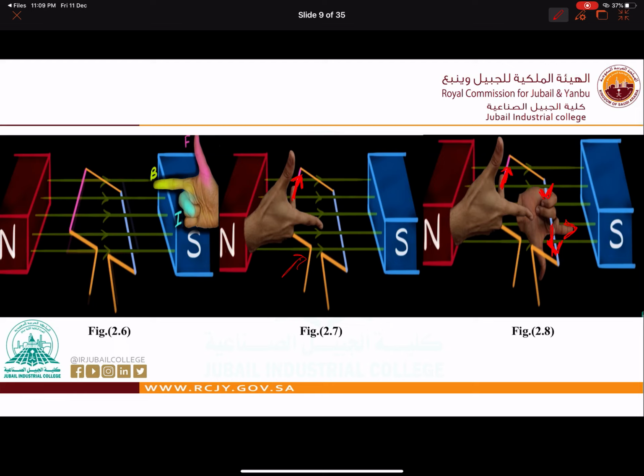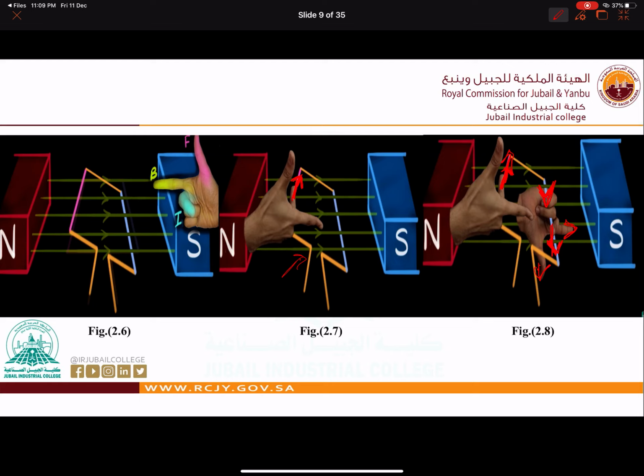Now the thumb is representing the coil going down. So we have going up and going down, and using the right hand rule, you will see that there is a current going in this side in the upper part of the coil, and we have current going down in the lower part of the coil.